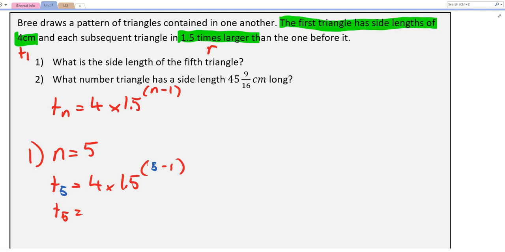Sky, what have you got? Did you get an answer for that one? 6 to the power of 4. 64 times 64.